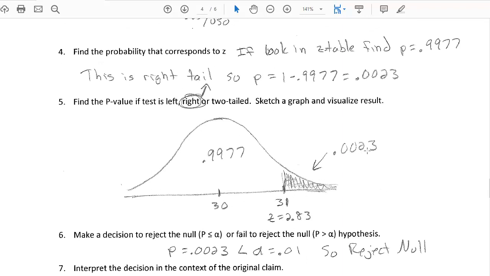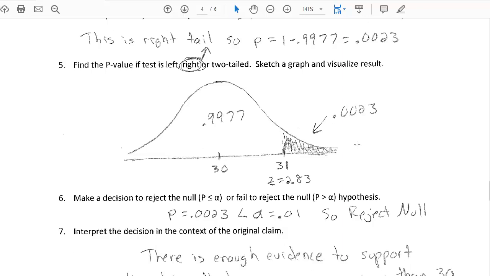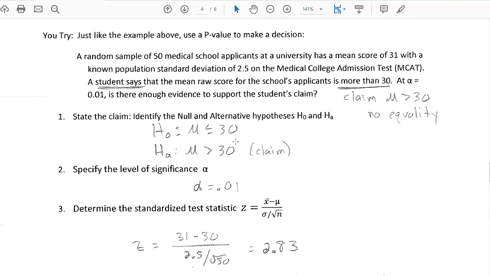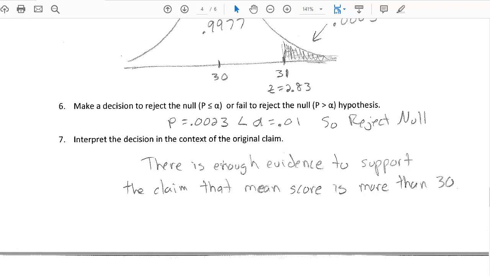We would get 0.0023. That is less than our alpha, so we would reject the null statement. Rejecting the null means we're supporting the alternative, or the claim, so there's enough evidence to support the claim.